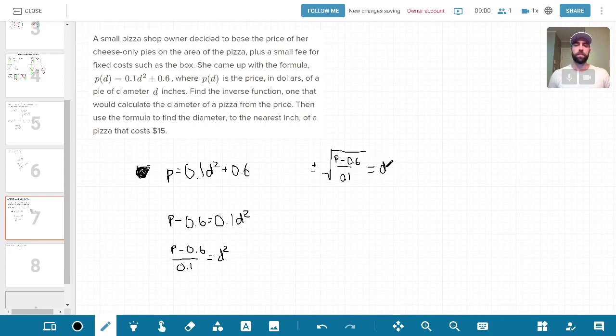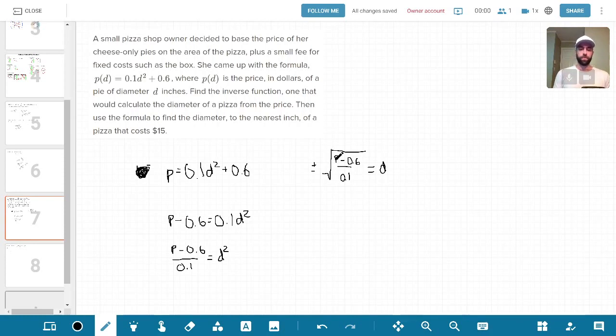So we got this here, equals d. So we're asked, what's the diameter of the pizza if it costs $15? And I'll plug that into my calculator. We only need the positive version because the diameter can only be positive in the real world.